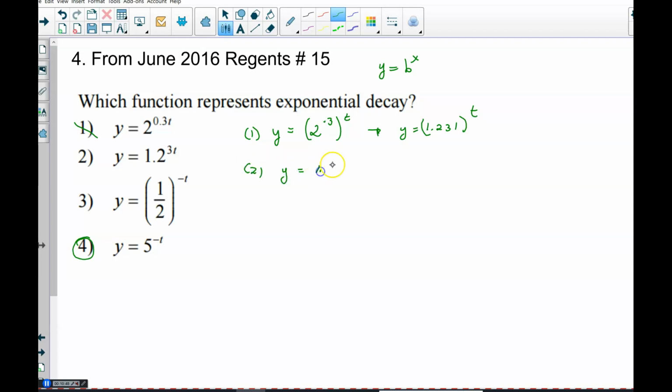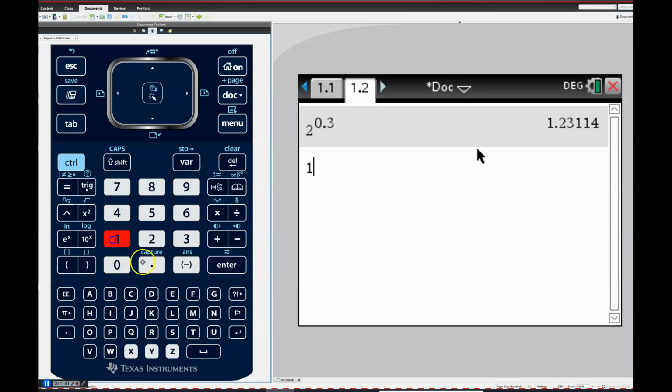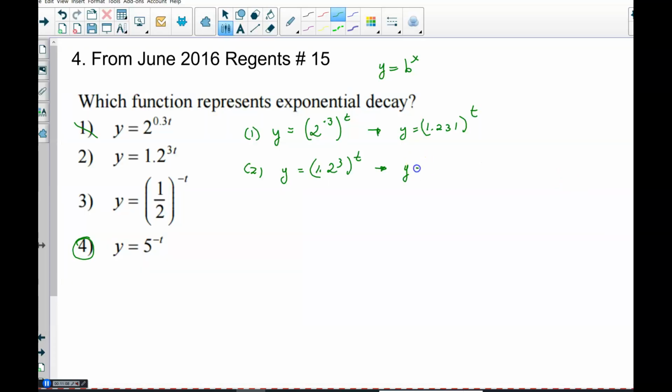And this is going to be a common theme that we're going to be doing throughout the rest of this unit. So we're going to rewrite these functions in the form of b raised to the x. So if I enter 1.2 raised to the power of 3, you get 1.728 raised to the power of t.